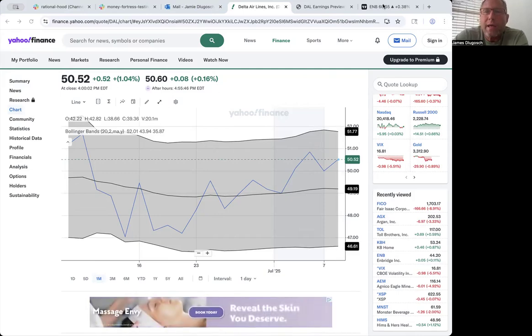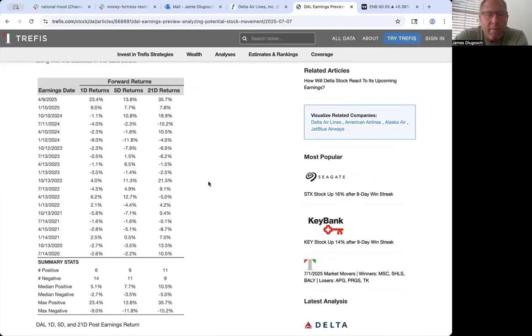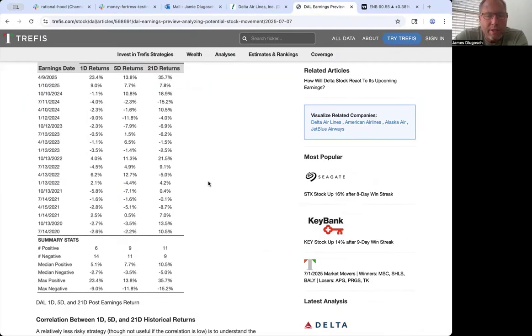Well, if we go back to the data from the last 20 events, the median negative move is minus 2.7%. So that again fascinates me because it just so happens a move down to the mean price is 2.6% to the downside.